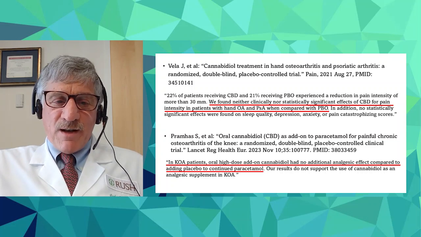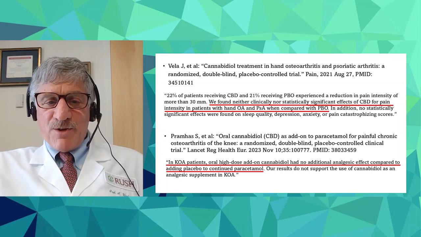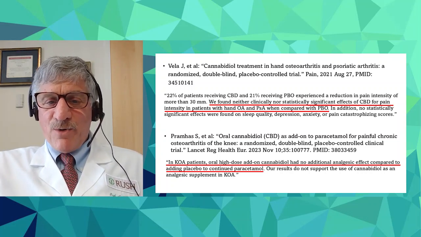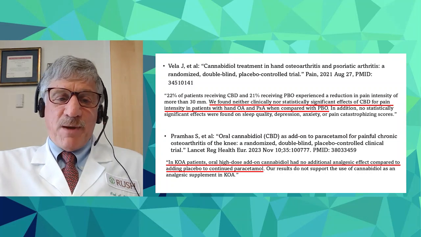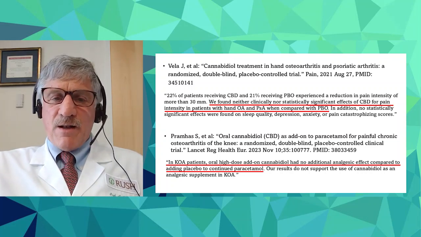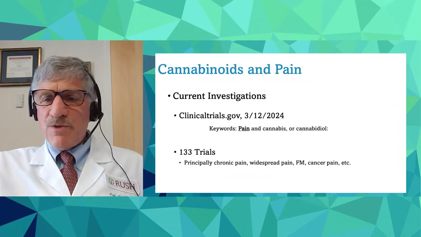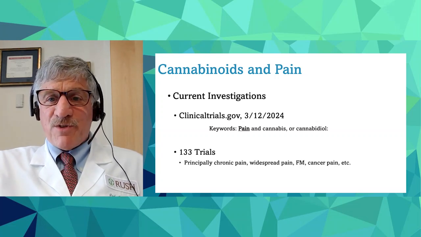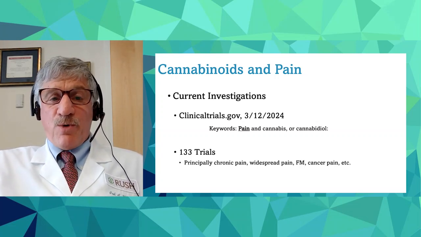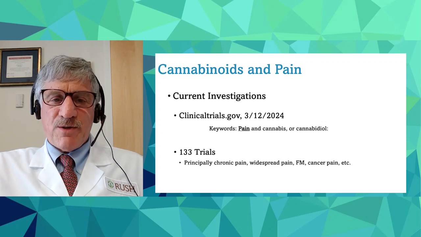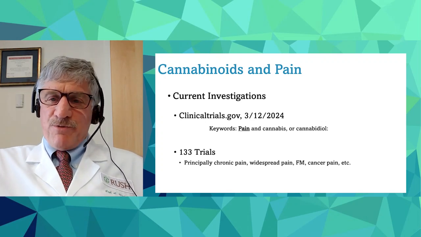And what did they find? In knee OA patients, high-dose add-on cannabidiol had no additional analgesic effect compared to placebo. Again, a null study. So far, there seems to be no evidence that we're benefiting people with OA specifically with the cannabinoids.